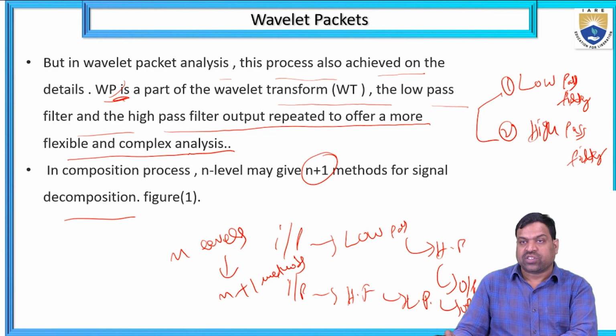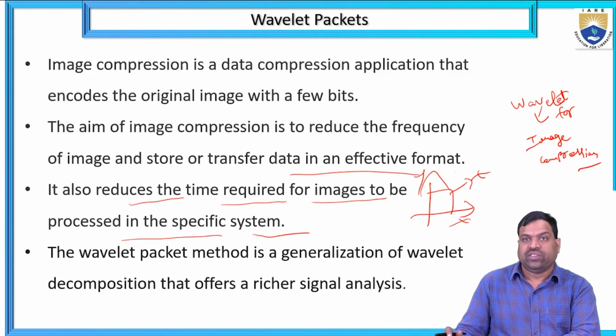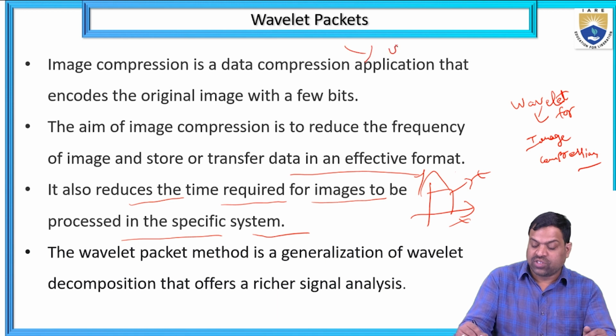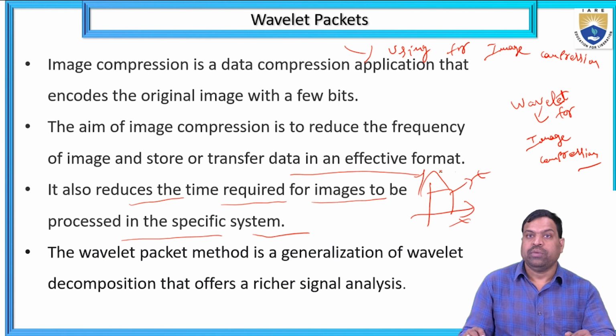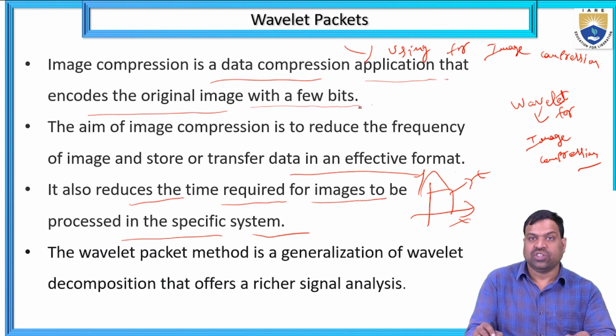So finally, what we discussed today is the wavelet packet used for image compression. Image compression is nothing but a data compression application that encodes the original image with fewer bits.